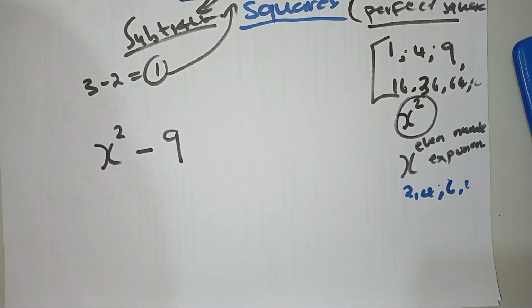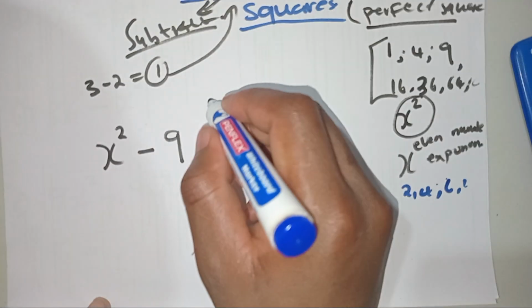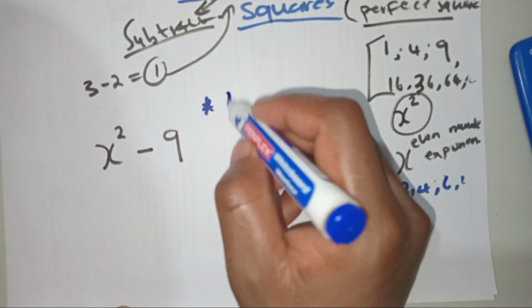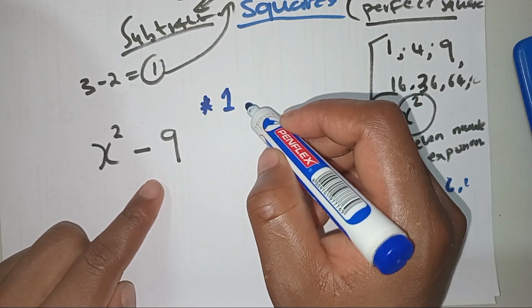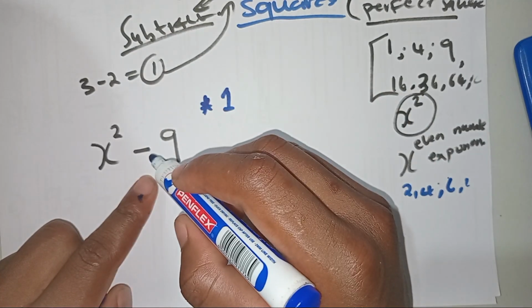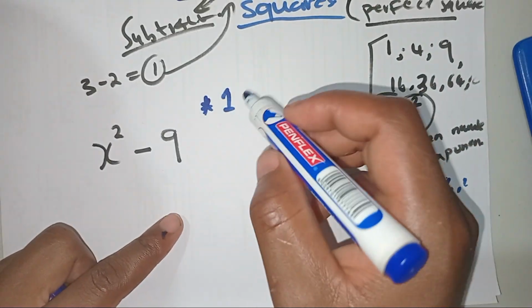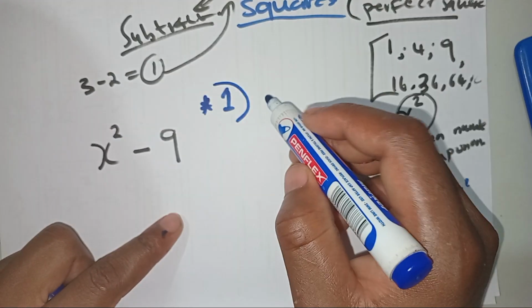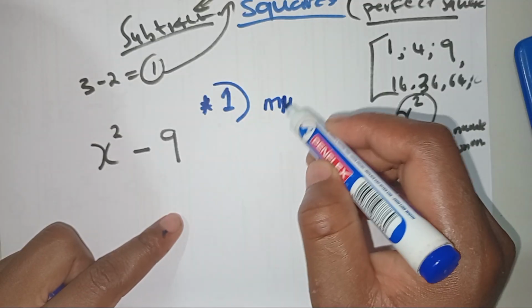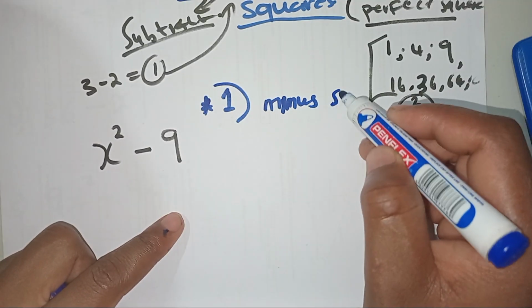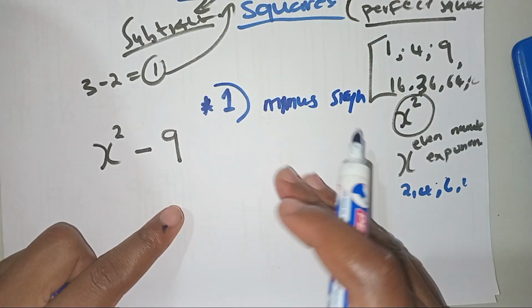These are the requirements you have to consider. First, you have to make sure that there is a negative sign between them. The first thing you have to check is that there is a minus sign between those terms.